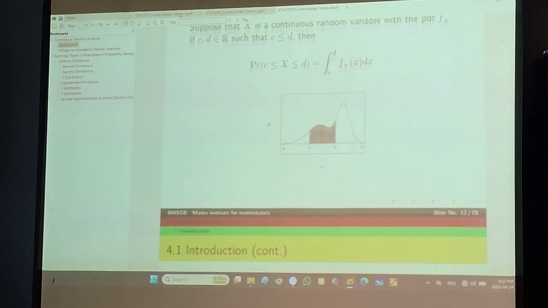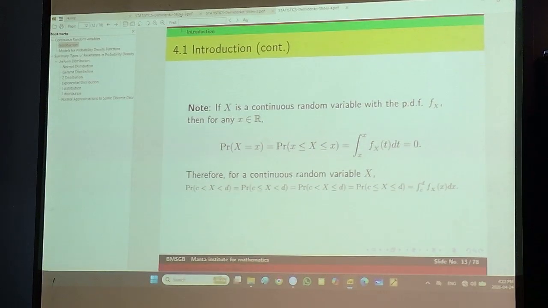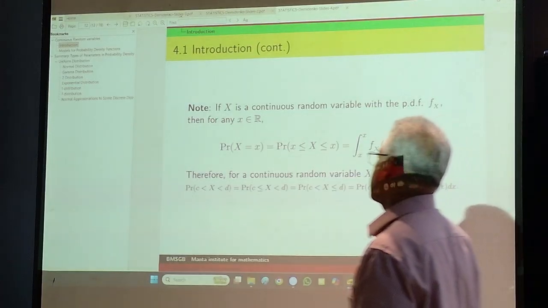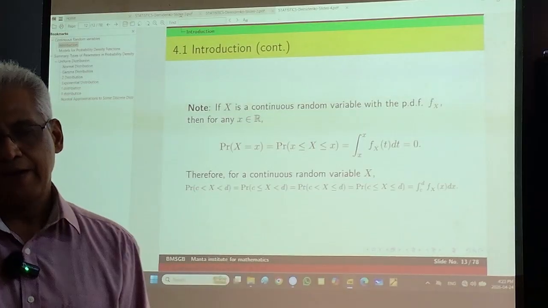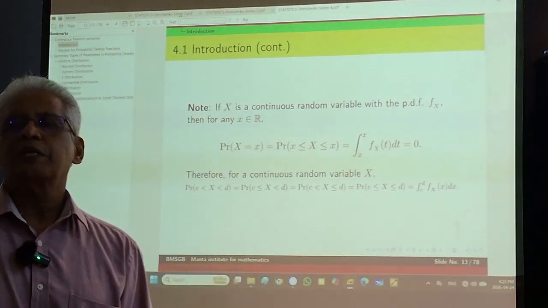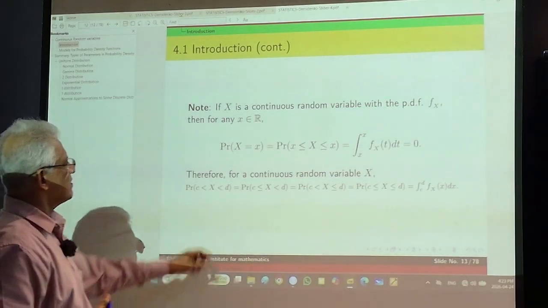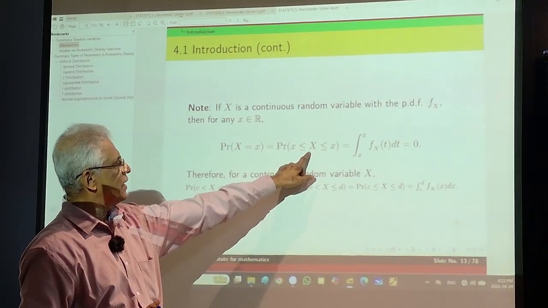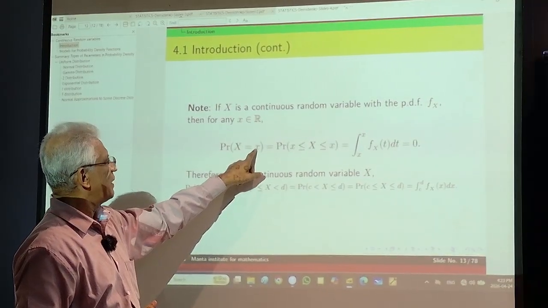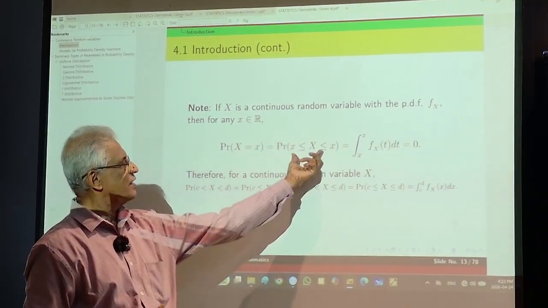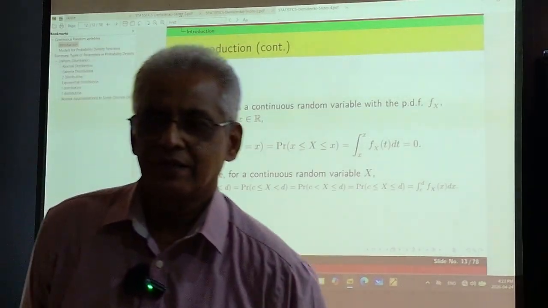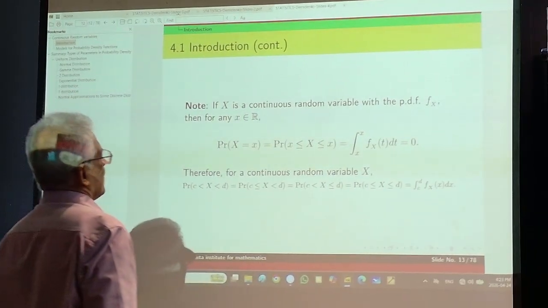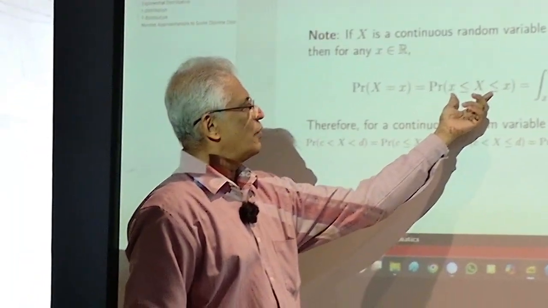So according to that definition, what will be the probability that X equals a particular value, if X is continuous? I can write it like this: the probability that X equals a particular x is the same as X being between x and x. How do you get that?